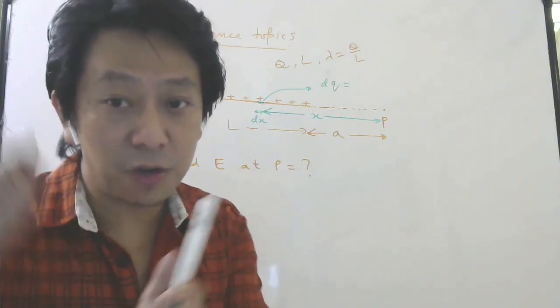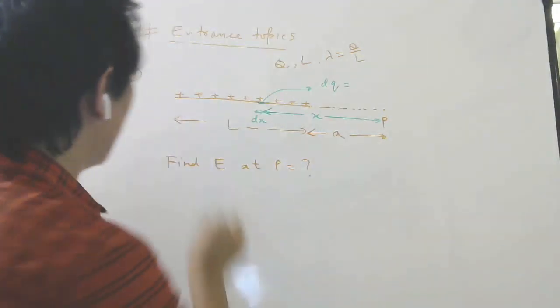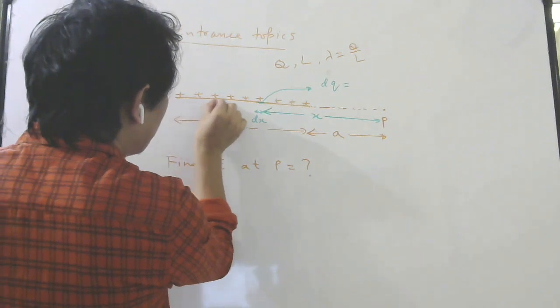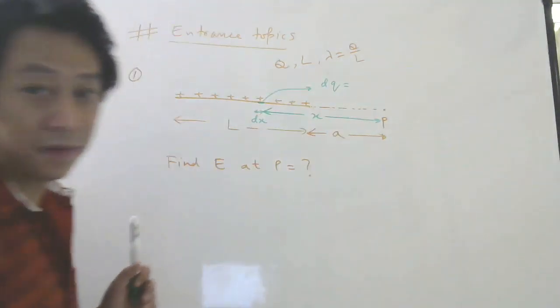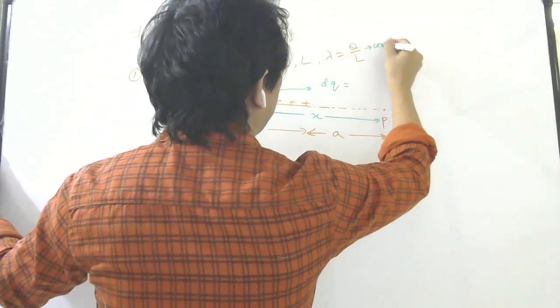So in order to apply that formula, what is important? Each apple should have the same price. So similarly here, every part of this wire should have the same charge. Then it means your charge is distributed uniformly. So in such cases, your lambda will be constant.